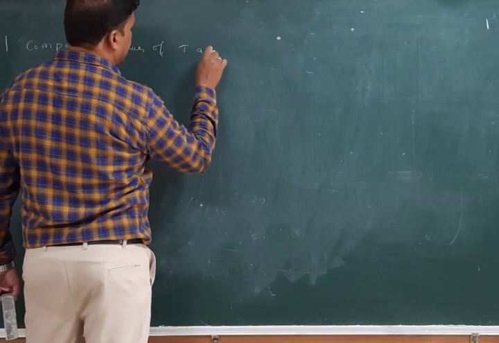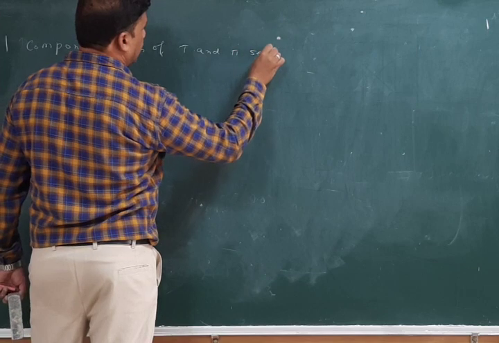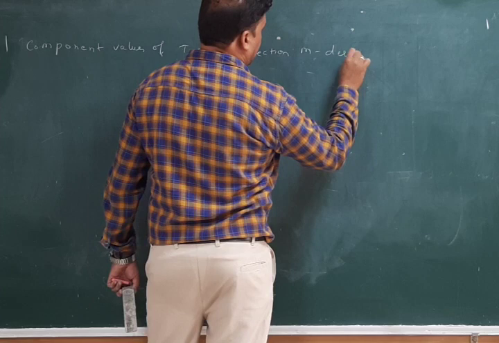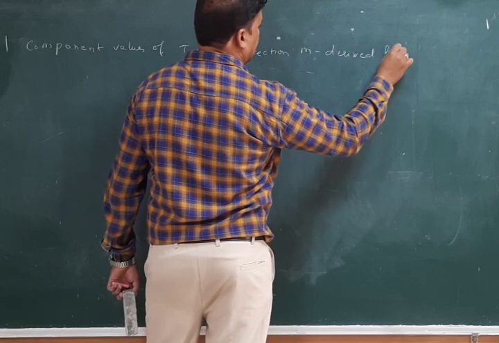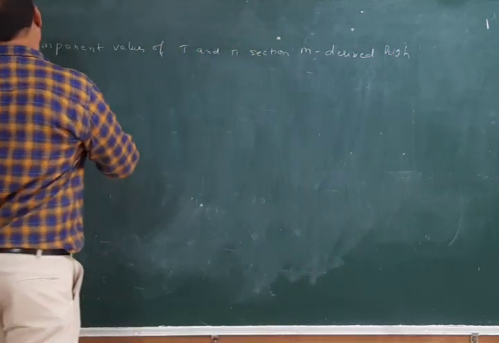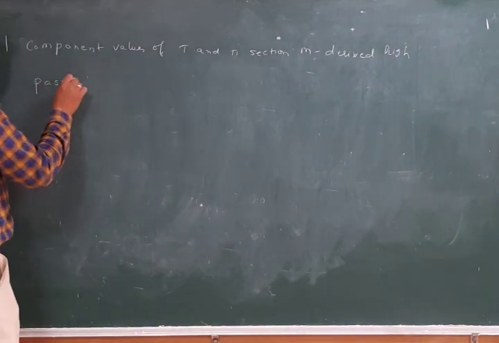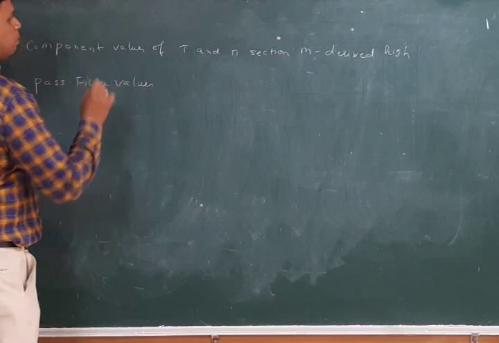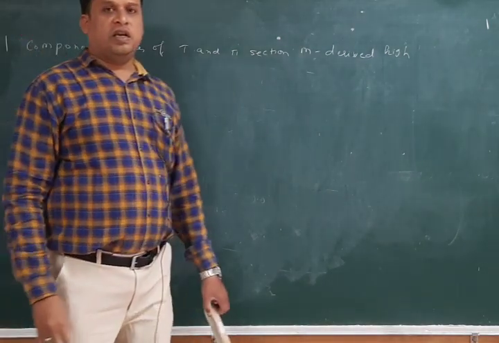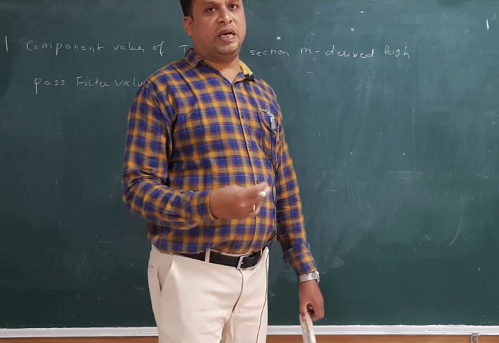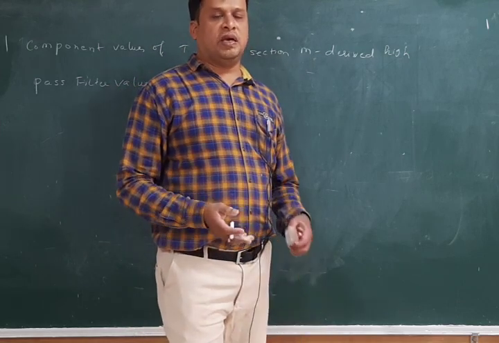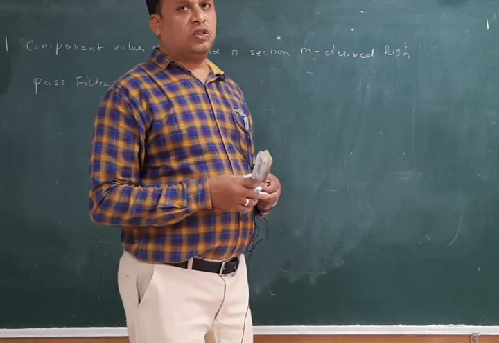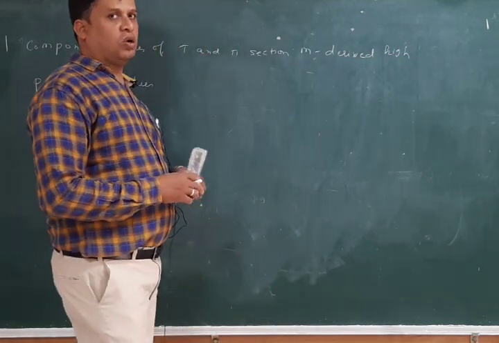Here you have to remember the positions of the inductor and capacitor in the M derived high pass filter T section as well as pi section. In the low pass and high pass, the positions of the inductor and capacitor will be interchanged and the values will be changed. So we have to remember how to design that and how to draw that. Okay.